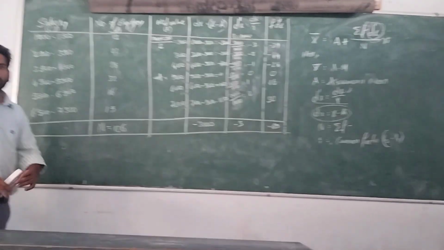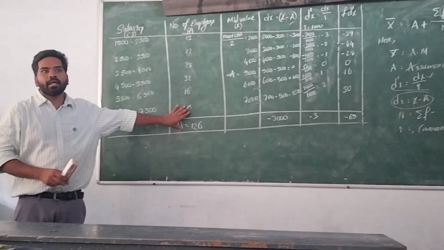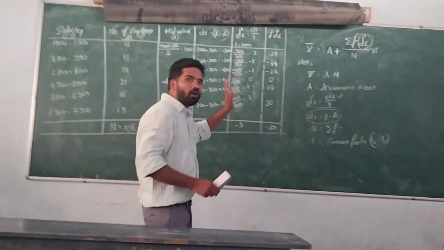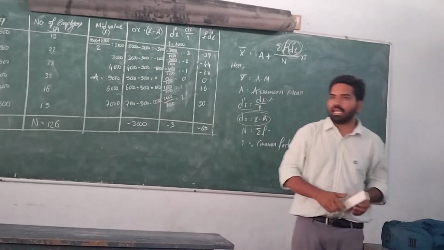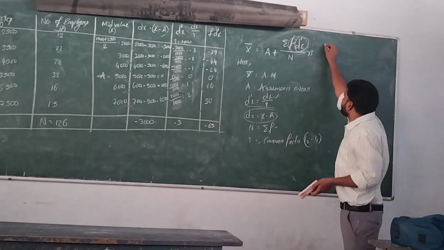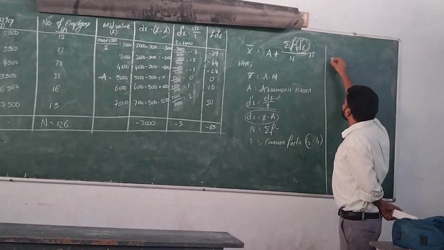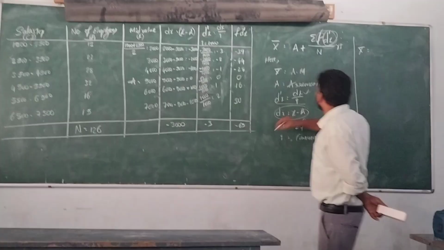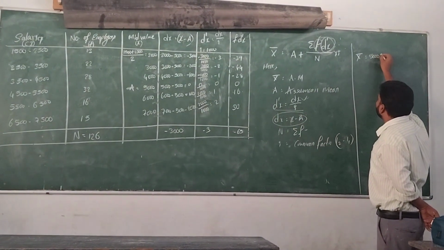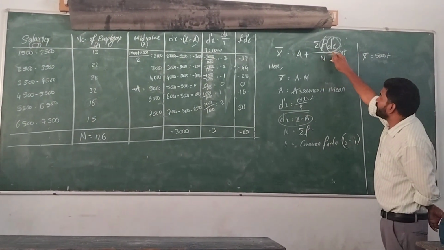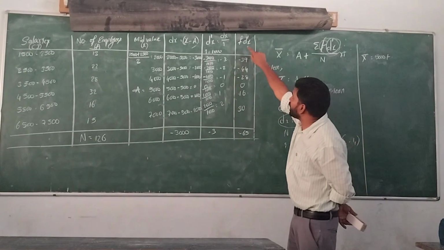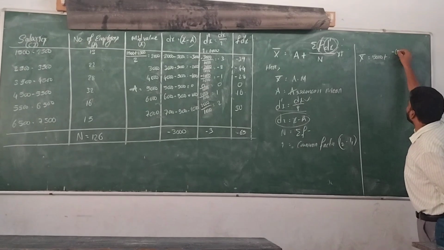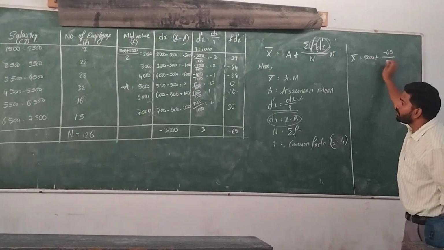So we calculated all the values whatever the formula needed. Now we have to substitute all these values. x bar equals assumed mean value, 5000, plus sigma f into step deviation, which is minus 65, divided by n.